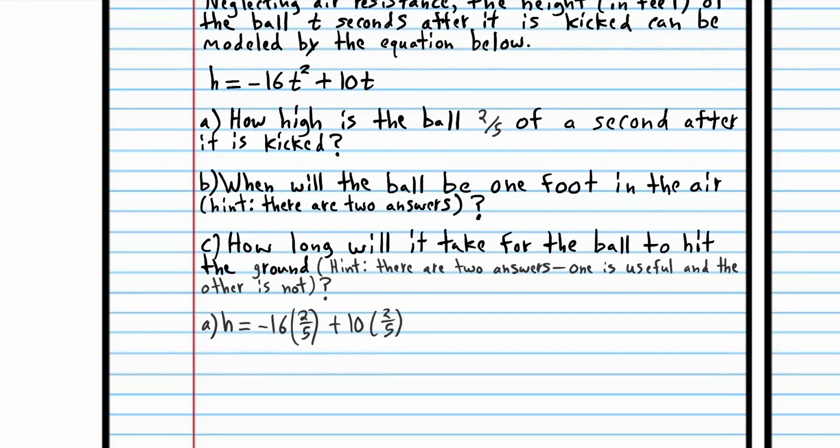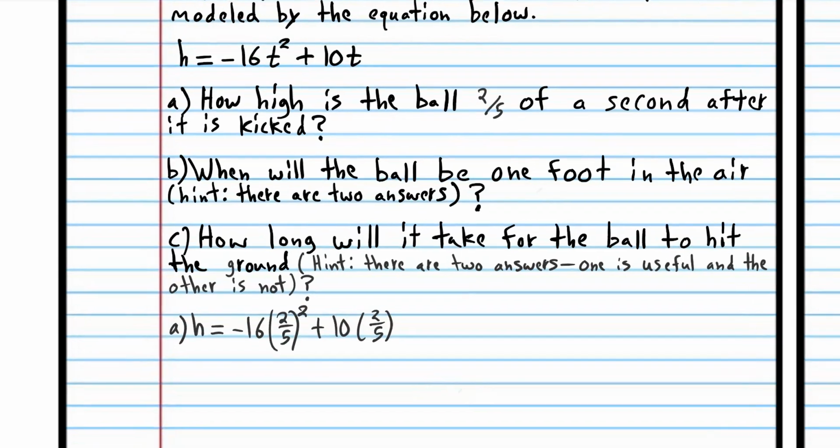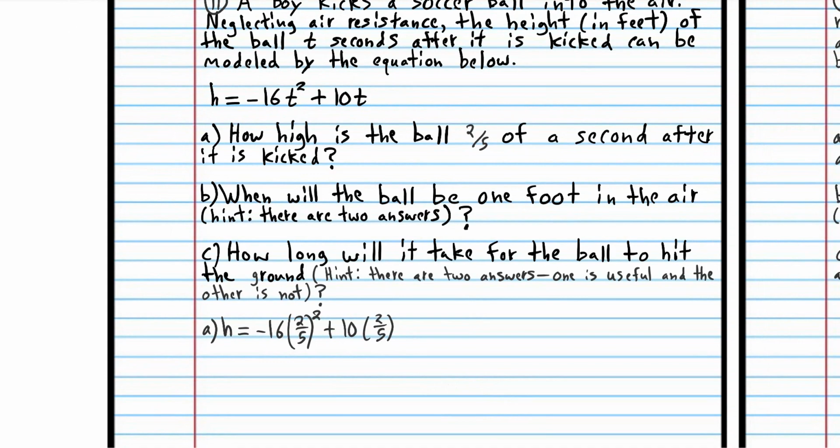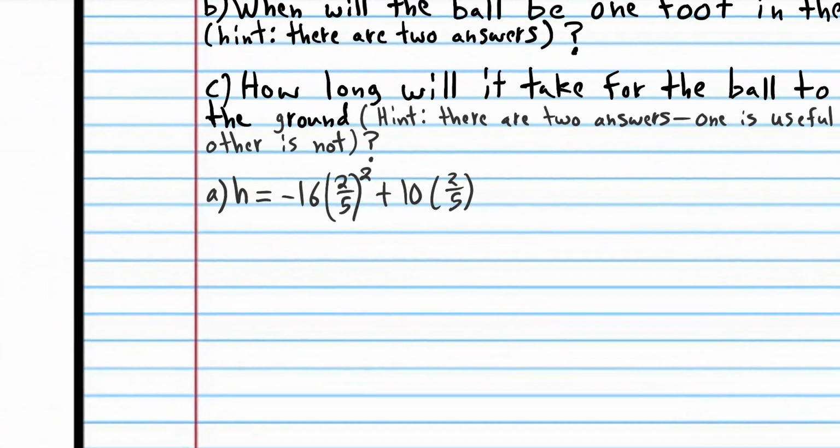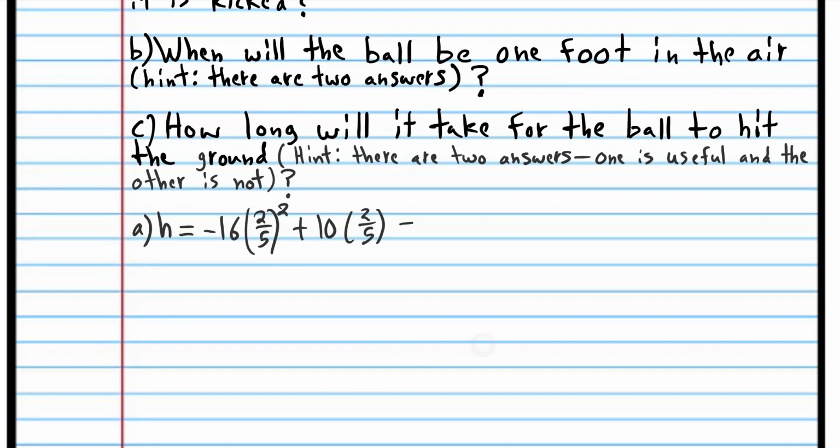So now all we have to do is follow PEMDAS, but the problem is we have fractions, so it's going to be a little bit more involved. And so again, we have to use PEMDAS. So 2/5 to the second power, that's 2/5 times 2/5. So I'm just going to write that out, 2/5 times 2/5.